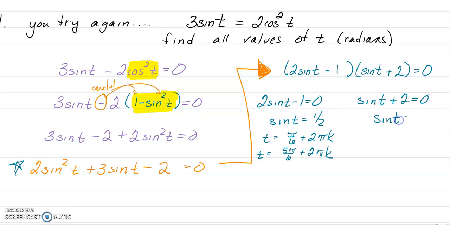Over here we have sine t equaling -2. I know the graph of sine of t. It has a range of -1 to 1. Sine t cannot equal -2, so our only solutions are those two equations. Oh, don't forget, k equals an integer.